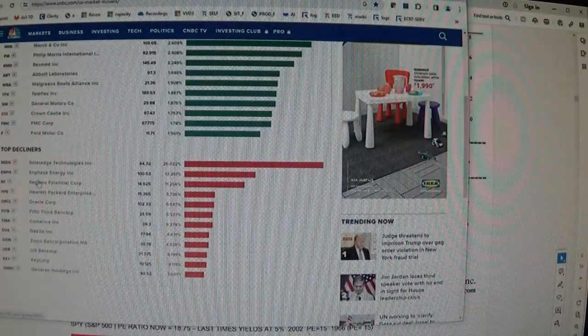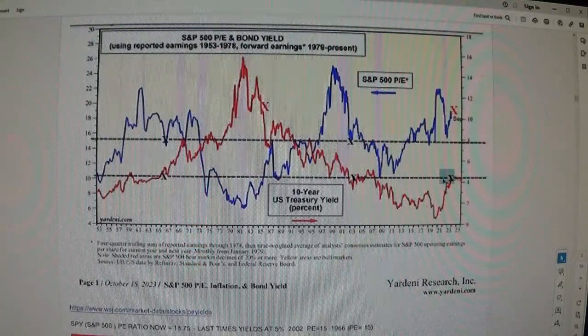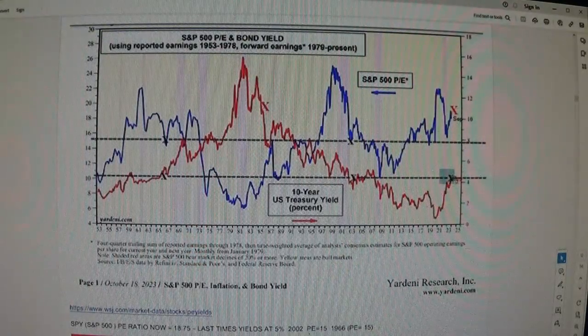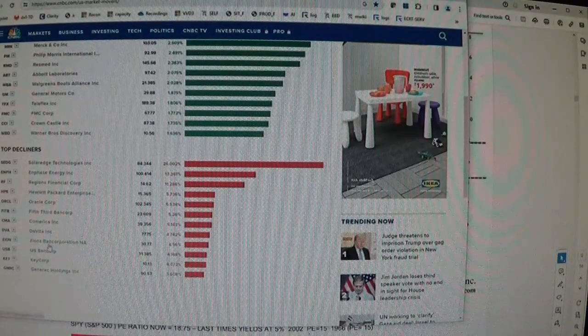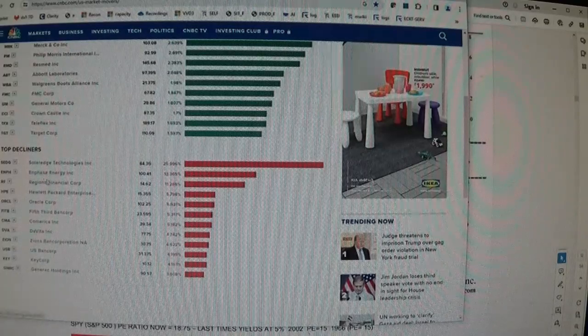And the ones doing the worst are the ones with high PE ratios. Whenever interest rates are going up, people pay less for growth stocks. SolarEdge had a bad earnings report, so all the solar companies, like Enphase, are going down.